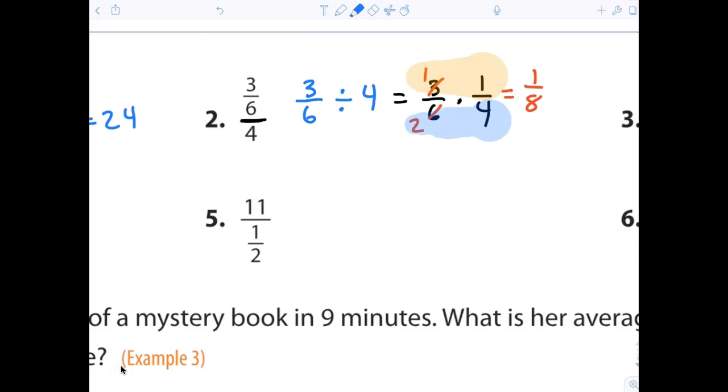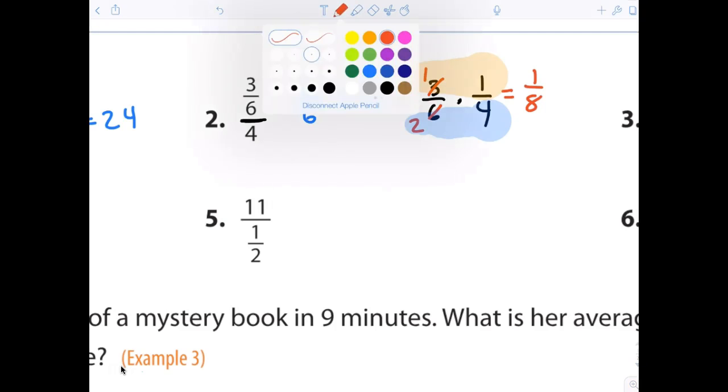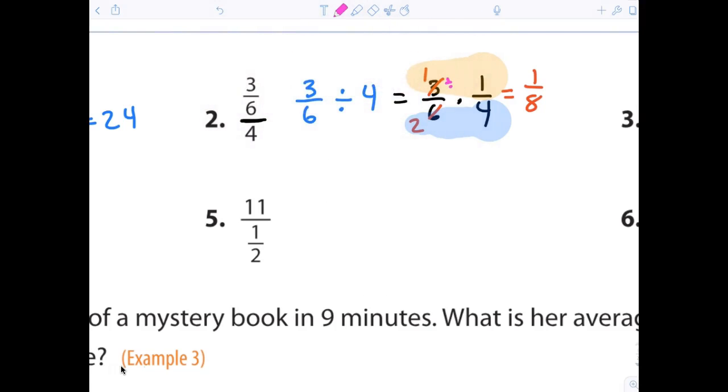Denominators. Yes, ma'am. Good for you. Because 3/6 is the same as 1/2. In other words, watch this. If I say divided by 3, you with me on that? So 3 divided by 3, and then 6 divided by 3, 2. You agree with me? You happy now?